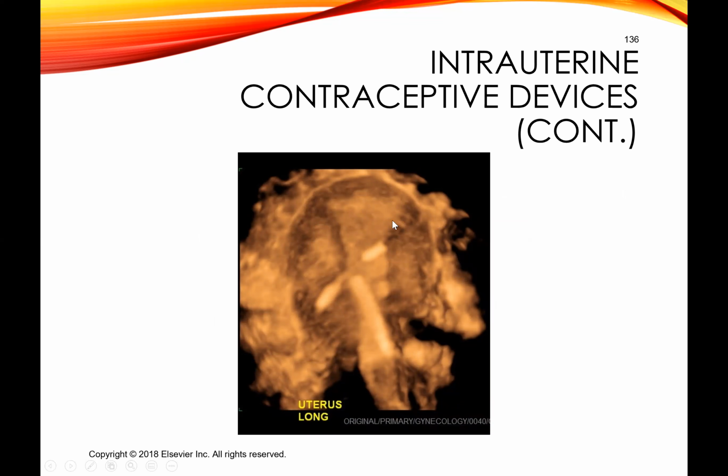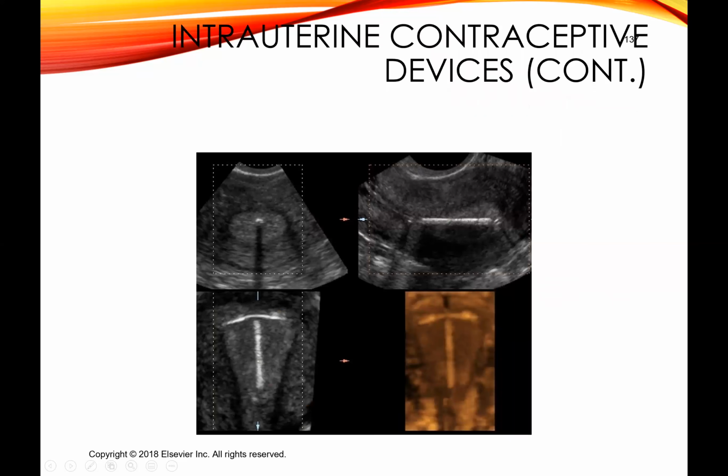This is a 3D of the IUD, and you can see here's the endometrial canal, and one of the arms is extending into the myometrium there, so that is not correctly placed. This is what a Paragard looks like. And I love 3D ultrasounds for this. If you get lucky enough to be in a place that has a 3D transvaginal probe, you are so fortunate.